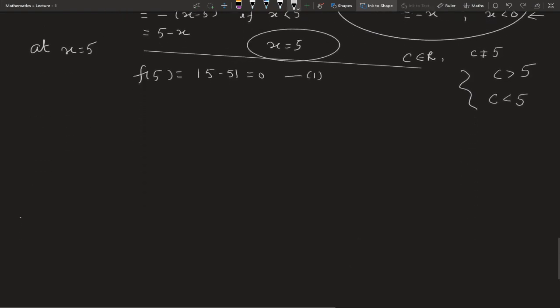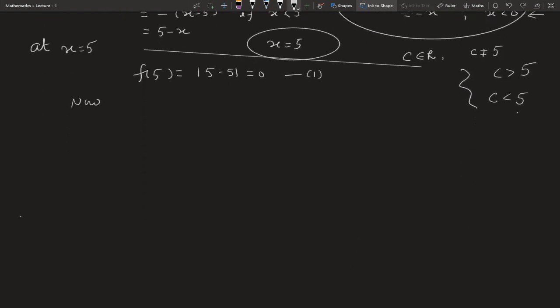Now limit x tends to 5 plus, that is the right hand side limit, of f of x equal to limit x tends to 5 plus of the value of f of x. We have the definition of f of x equal to mod x minus 5. Here we give the reason: it is the right hand side limit, x tends to 5 plus.